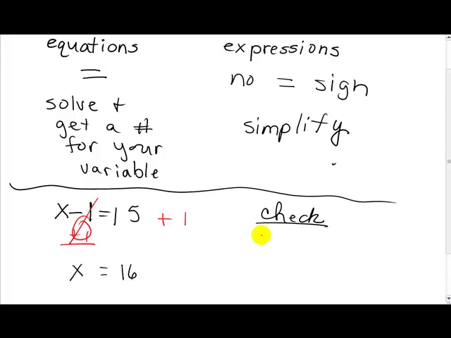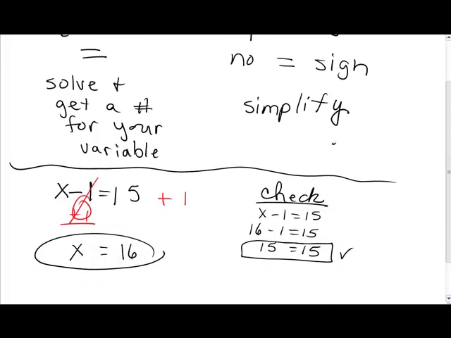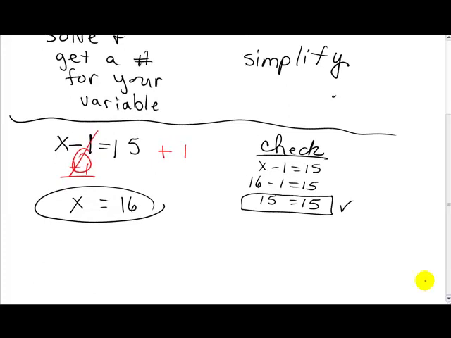So we're going to take our answer and plug it in. We've got x minus 1 equals 15. So put your 16 here, minus 1 equals 15. 15 equals 15. And if these two numbers match, then you know that you've gotten the right answer. It's important to take this step and do a little bit of checking.